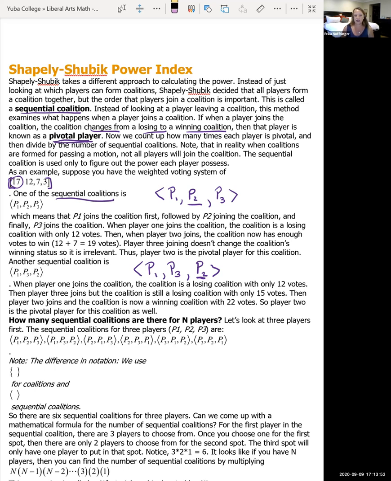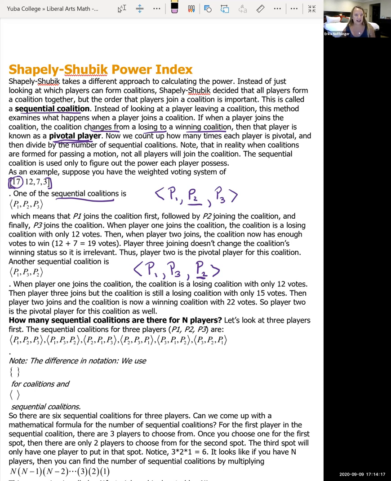So someone said, in every coalition, is there only one pivotal player? That's correct. So when we're looking at the Shapley-Shubik method, there's only going to be one pivotal player in that sequential coalition. The other thing with this one is the sequential coalition has to have every single player listed, even if they wouldn't have come in to pass the motion.